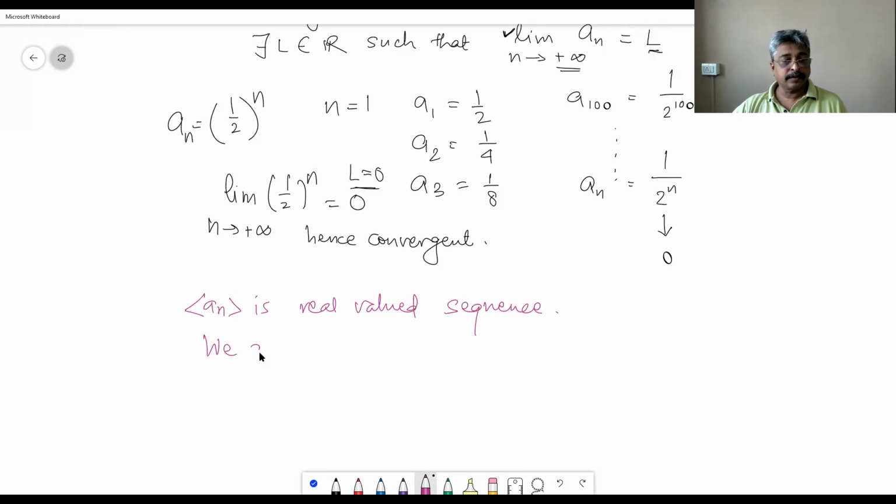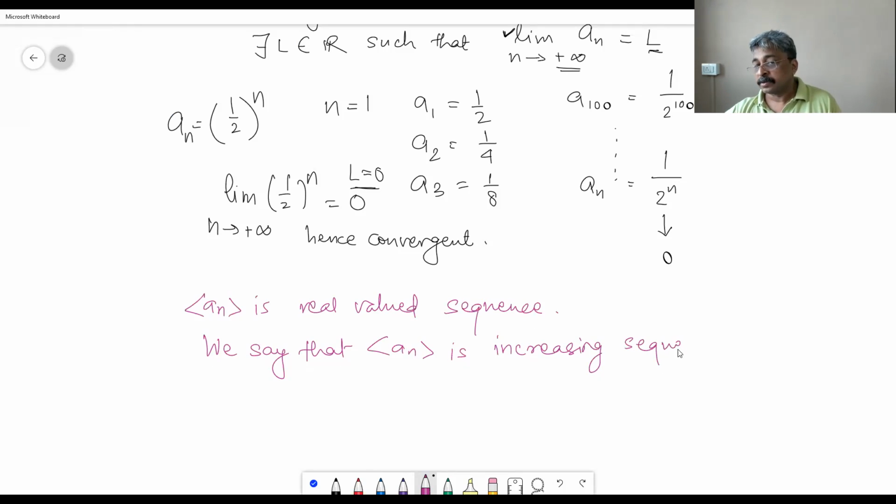We say that An is increasing if and only if, simple.